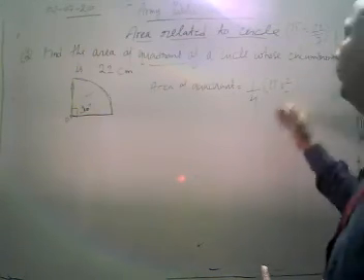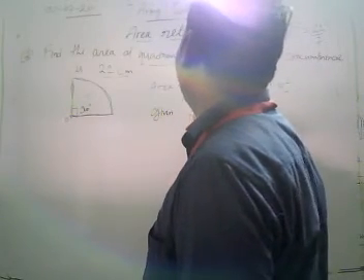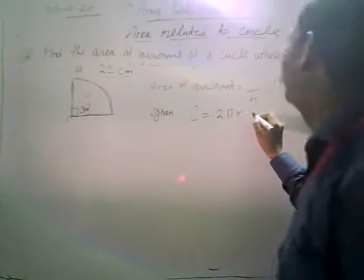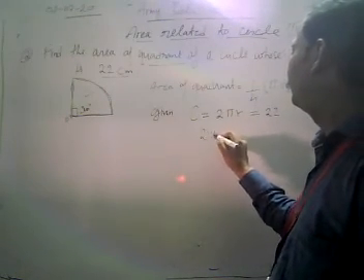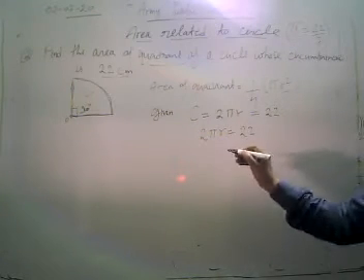How can we get the value of radius? We have given the circumference of circle. C is 22. Cancel out.